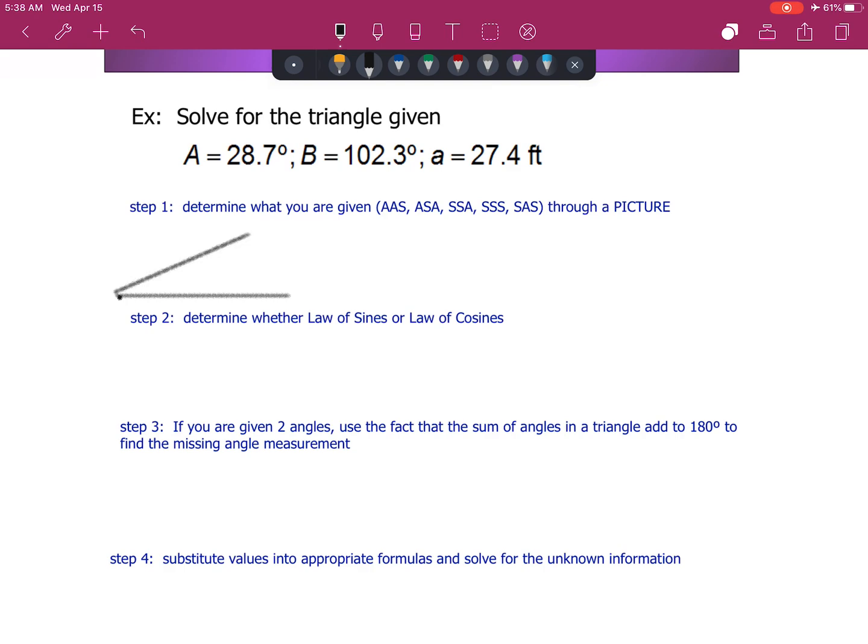So this is about 28.7 degrees, and I'm going to call that angle A. Then I've got angle B up here. I need to make 102 degrees. Now, this would be about 90, so 100 is a little bit more than that. So I'm going to draw that there.